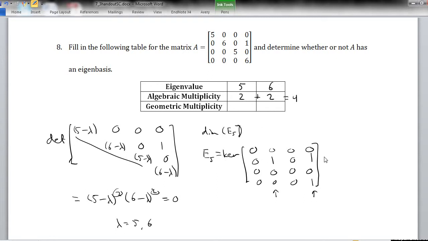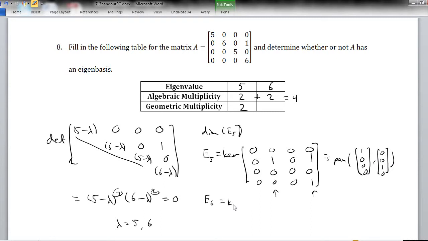Right, this kernel would be the span of 1, 0, 0, 0, from that first column, and from the third column, we have an element 0, 0, 1, 0 in the kernel. Okay, and that would span the whole kernel. So anyhow, long story short, the geometric multiplicity of 5 is 2. And let's see if we're as lucky with 6.